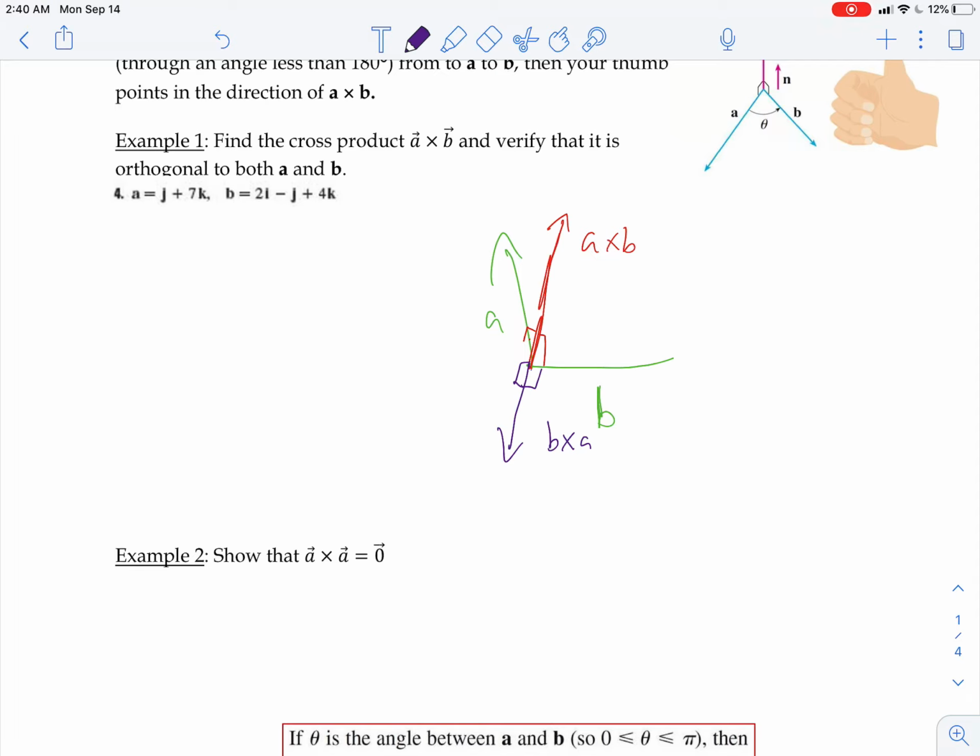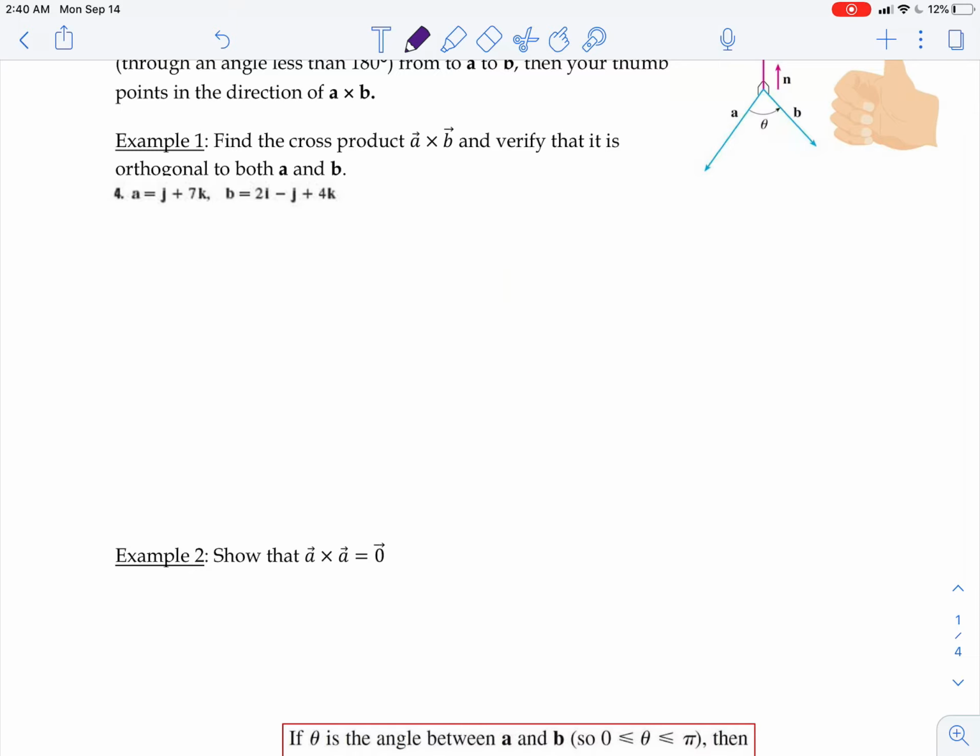So part of this is figuring out whether our cross product points up or down, and that has to go between a certain angle measure for us to figure that out.